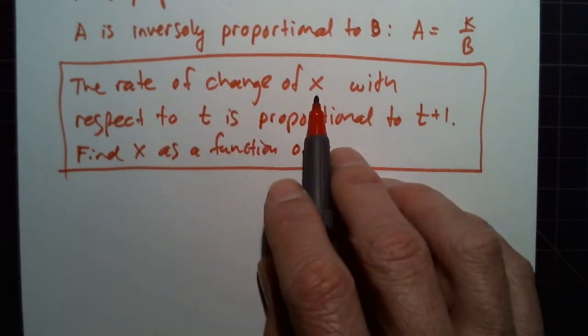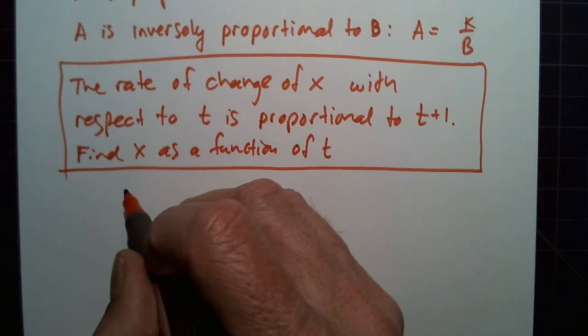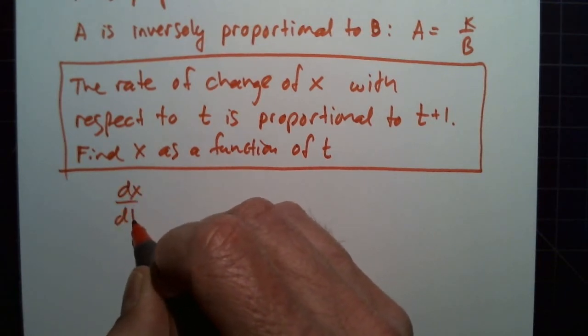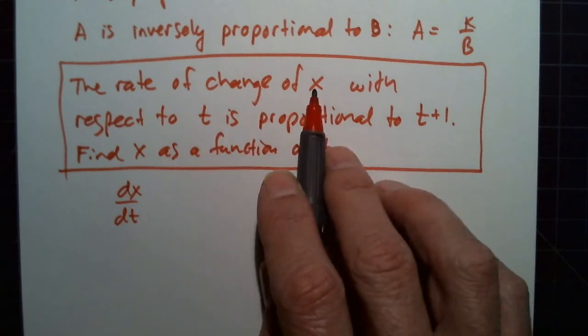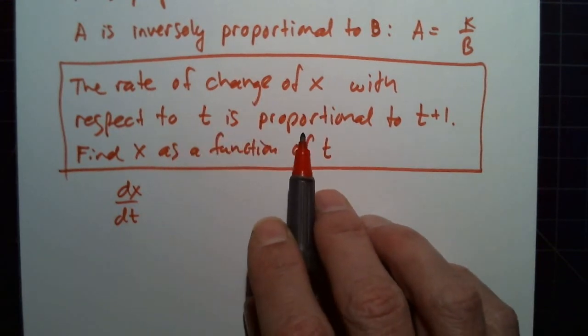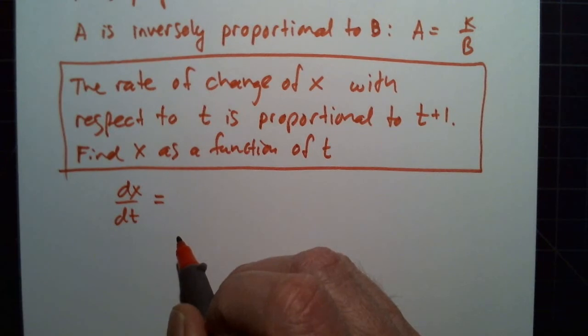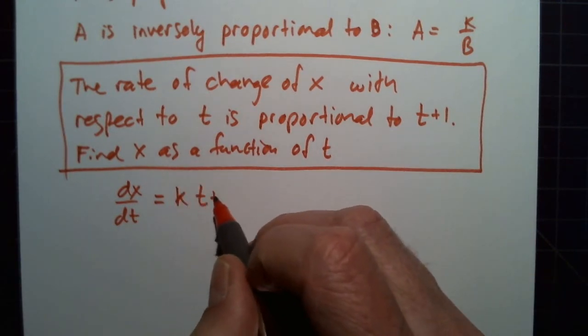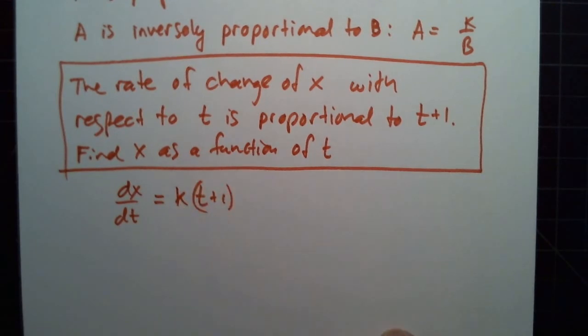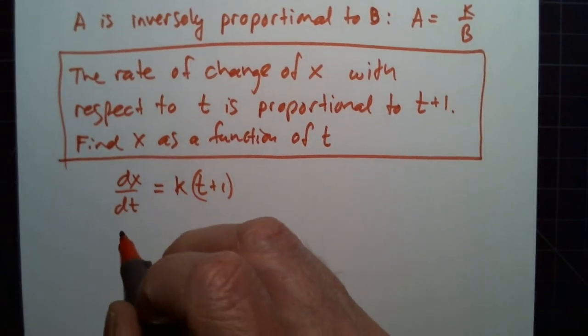So rate of change of x means dx dt. With respect to t, rate of change of x with respect to t is proportional to t plus 1. Constant of proportionality, and now we have a differential equation.